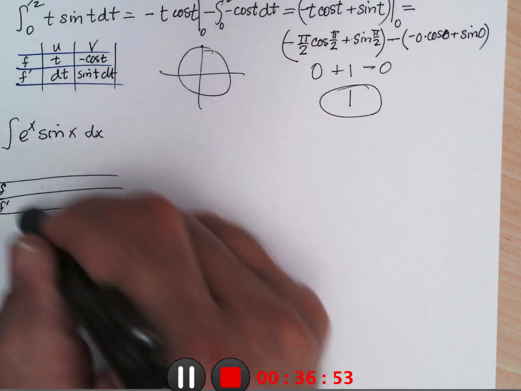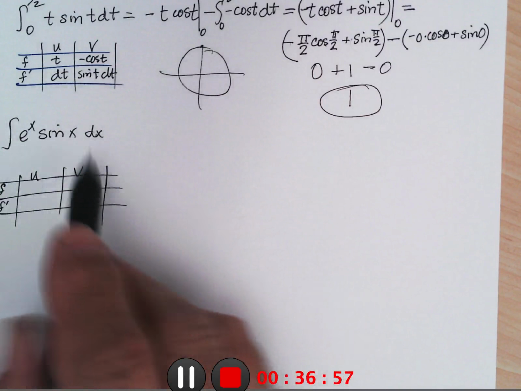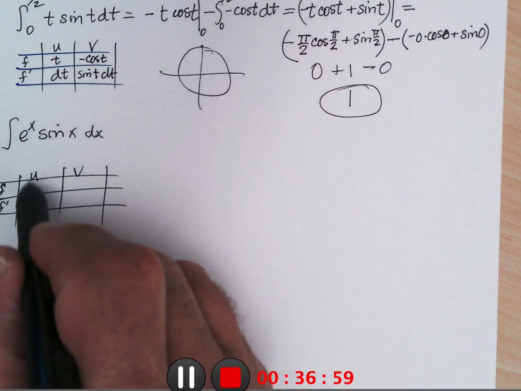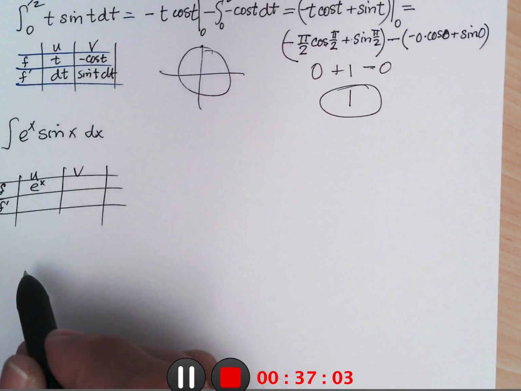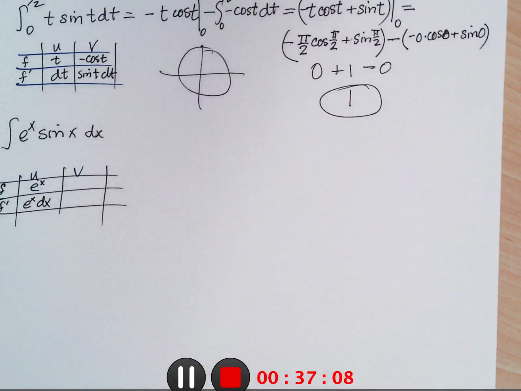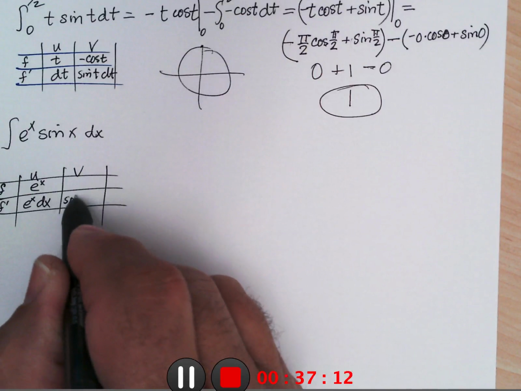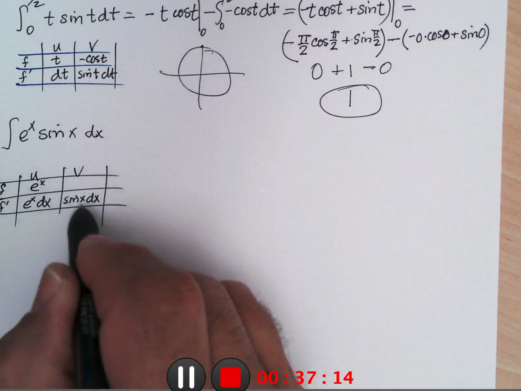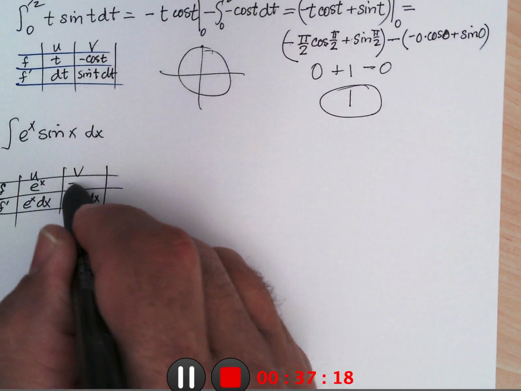If I do u and v, so I'm going to let u be e to the x. So du would be e to the x dx. If I do that, then the sine of x dx has to be v prime. The antiderivative would be negative cosine x.